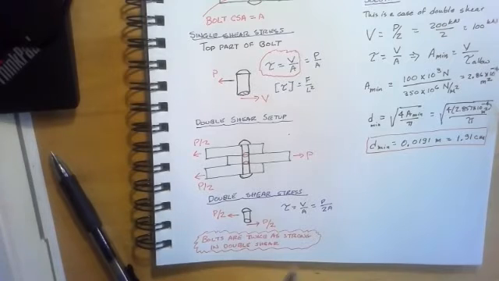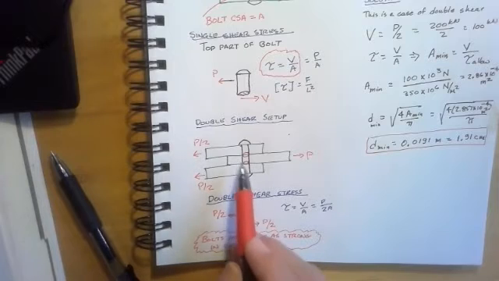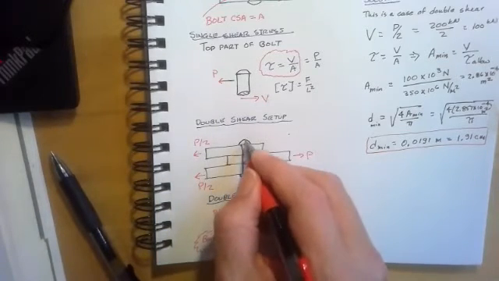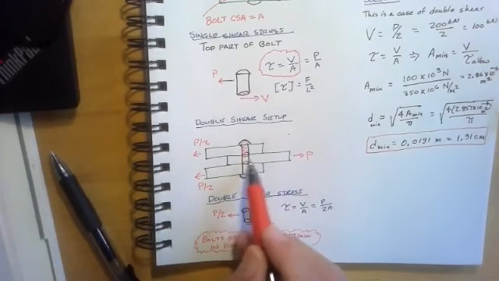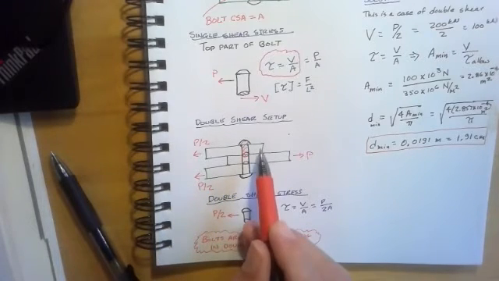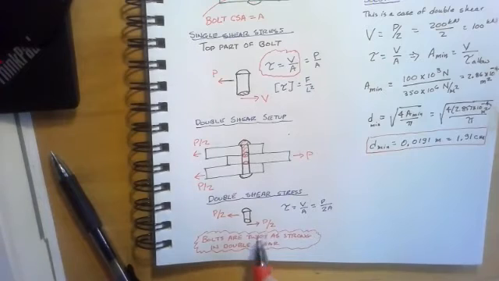So once again, we would need to consider the equilibrium of the top part of the bolt. And if we consider just this shaded top part of the bolt, we would have a force of P over 2 on the bolt. And that would mean that through the plane that we would cut between the plate and the tension member, we would have an internal force develop of P over 2.